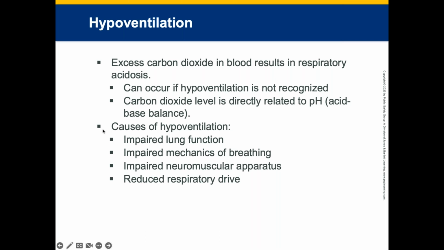So we have a patient that goes into respiratory acidosis. Carbon dioxide levels increase and the pH decreases. The causes of hypoventilation could be impaired lung function or impaired mechanics of the breathing itself. Obesity hypoventilation syndrome, or what they call Pickwickian syndrome, is a respiratory compromise related to morbid obesity. So we have a patient who weighs, let's say, 450 pounds, and you lie him flat, what's going to happen?